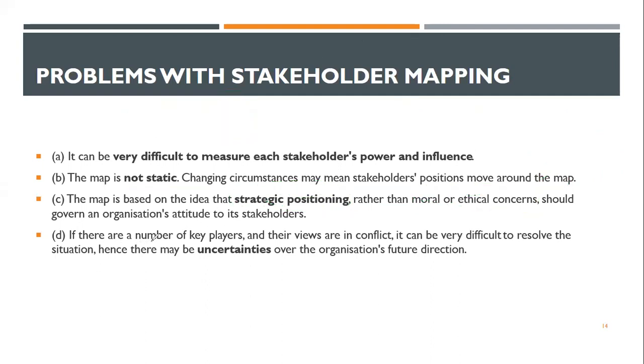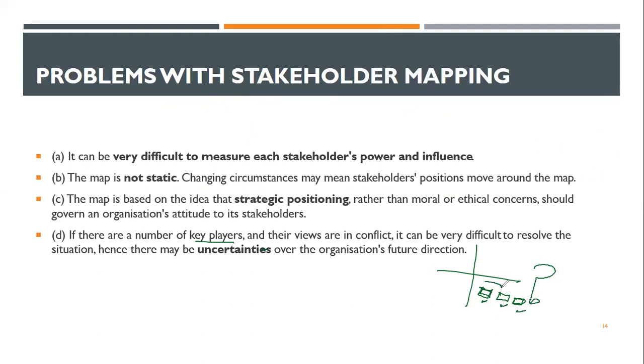And number four, if there are a number of key players and their views are in conflict, like you have this D quadrant and you say, this is one which I must keep satisfied, but then you have two or three groups of stakeholders there, and their objectives are conflicting, then what do you do? Mendelow's model does not give an answer to this.